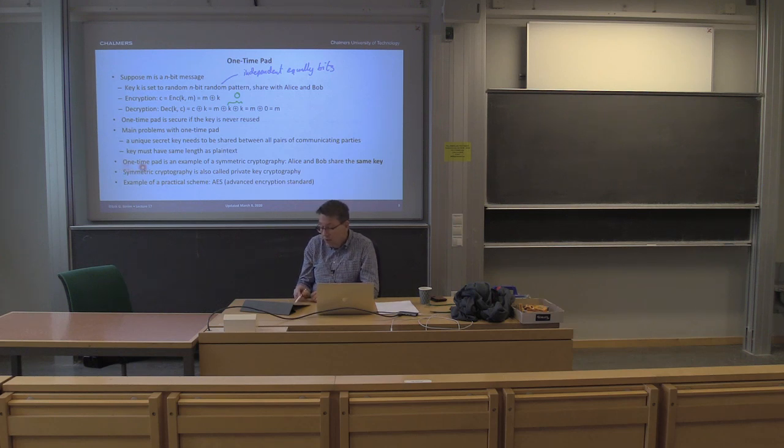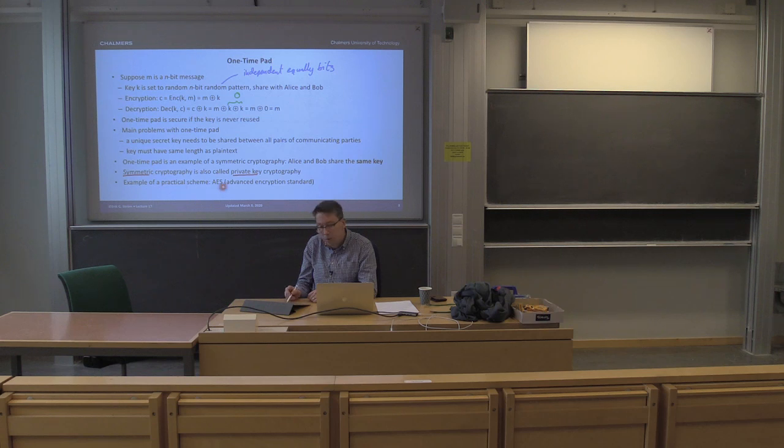But anyways, the one-time pad is sometimes used, and it's an example of what's called symmetric cryptography. That means Alice and Bob share the same key. Symmetric cryptography is when encryption and decryption use the same key. You will see when this is not the case in a later example. Symmetric cryptography is also called private key cryptography.